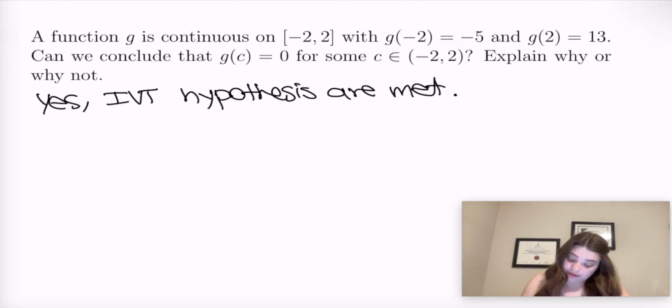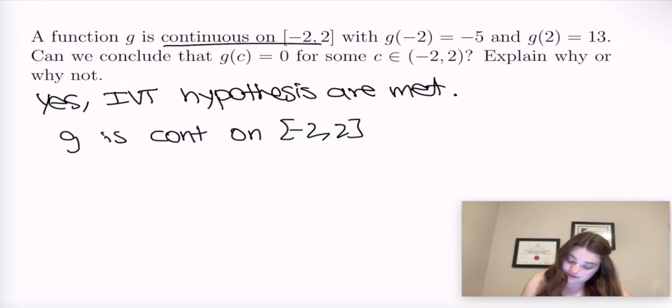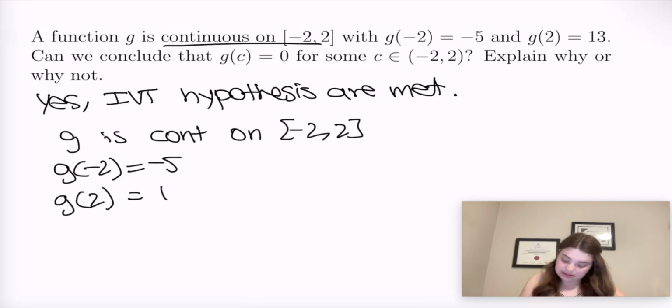right? Because first of all, we know that g is continuous on negative 2 to 2 because it says so in the question. We also know that g of negative 2 is negative 5 and g of 2 is 13.